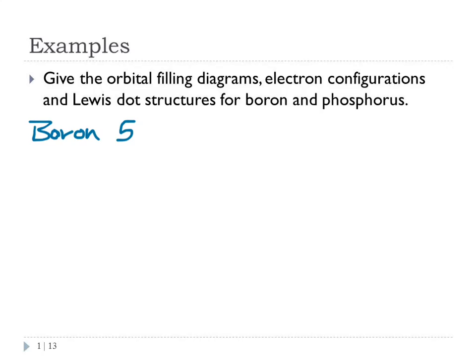So then if we're going to do that orbital filling diagram, we have 1s, and we've got 2s, and then next is 2p, and we're probably going to be okay with that. And then we'll take those electrons and put them in. There's 1, 2, 3, 4, 5.